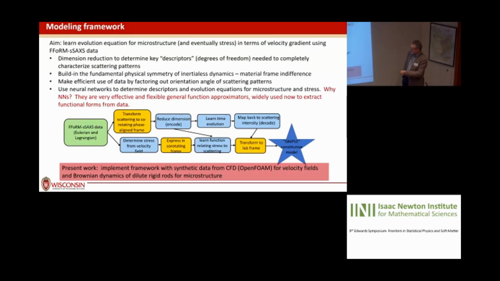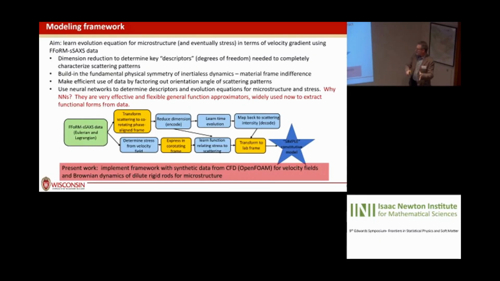So this part is actually not so straightforward. I should sort of have this grayed out because you can't directly determine the stress from velocimetry. There are limitations, fundamental limitations to that. All right, so what I'll talk about is work that we've done with synthetic data. We generated the flow with CFD, we just used OpenFOAM, and we generated the microstructural evolution with Brownian dynamics, which is very easy for dilute rigid rods, okay?